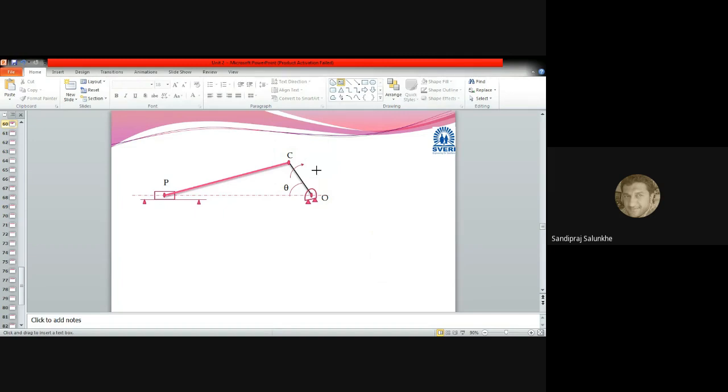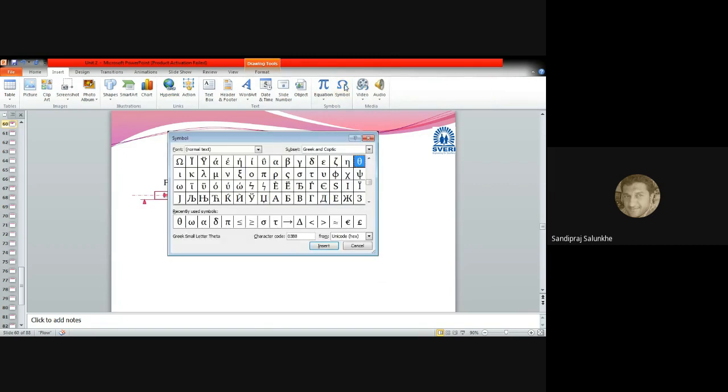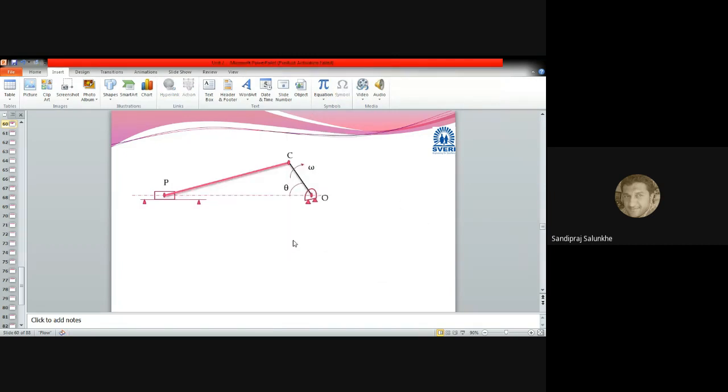So can anybody help me, how we can draw a velocity diagram for this? First of all, what we have to do, and later how we can draw the velocity diagram.